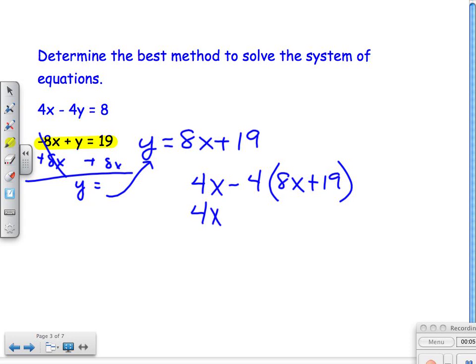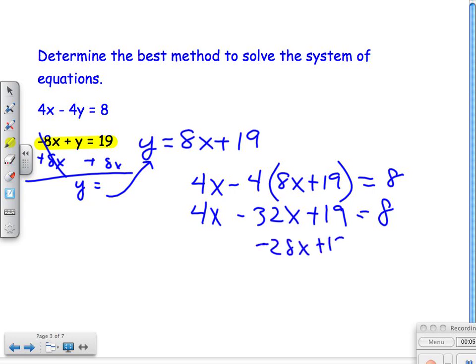Now we have 4x minus 32x plus 19 equals 8. All right? So 4x and negative 32x gives us a negative 28x plus 19 equals 8. Did I do something wrong? Oh, I didn't multiply 19, did I, guys?